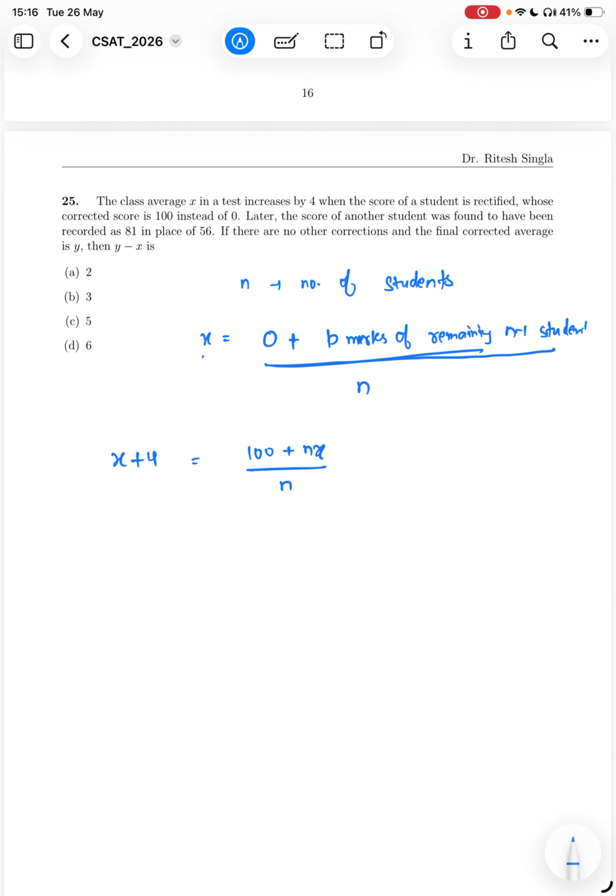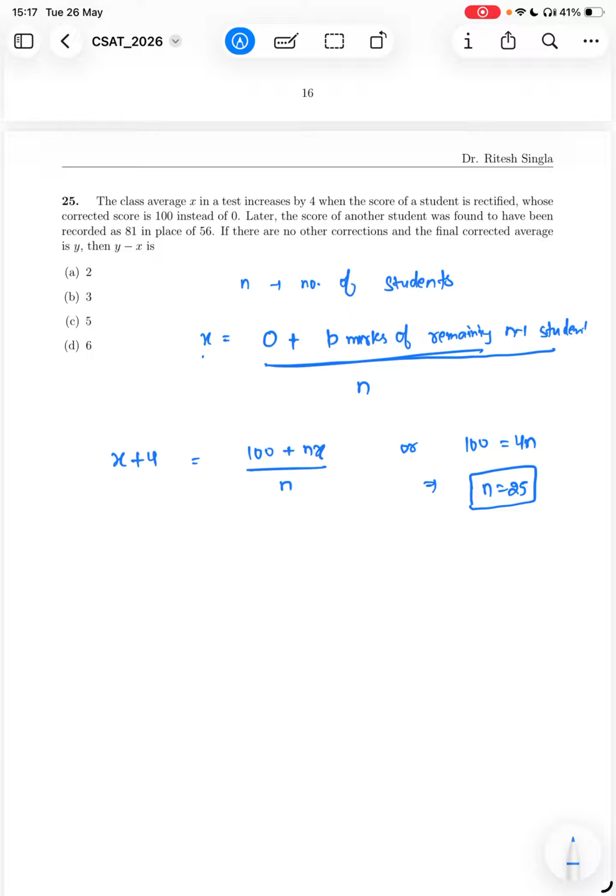Initially the mean was x, it increased by 4 when the mark of this student, whose earlier marks was 0, is now 100. So the earlier marks has been updated, and the new average will be 100 plus nx upon n. Okay, or I can say that 100 is equal to 4n, or n is equal to 25. First of all, from here, that is the first information.